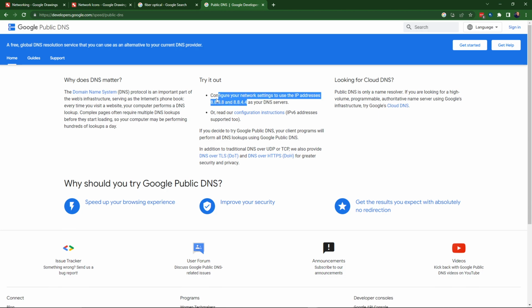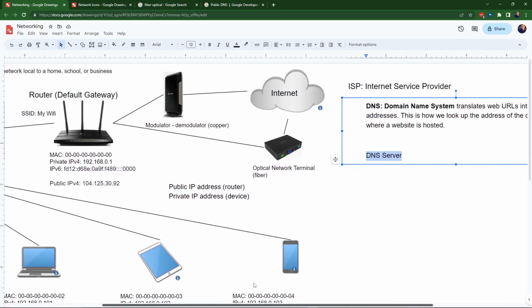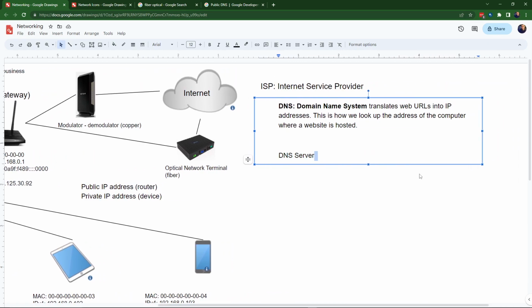These are two public DNS servers for Google that you can use, and you could even set up your router to use one of Google's DNS servers. And so what happens is you always connect out to this DNS server, and it translates from the URL to the actual website's IP address and then allows you to go there. So all in all, not too crazy on what that does.